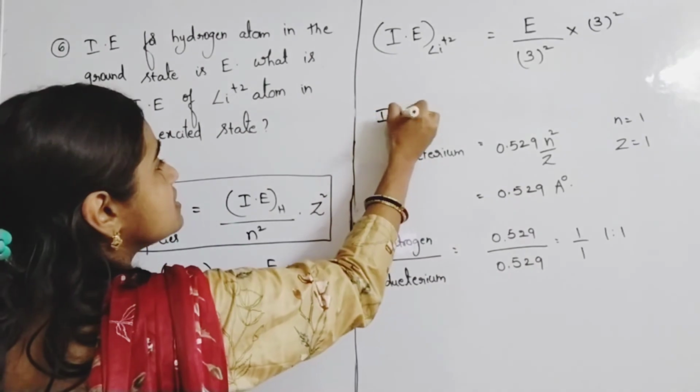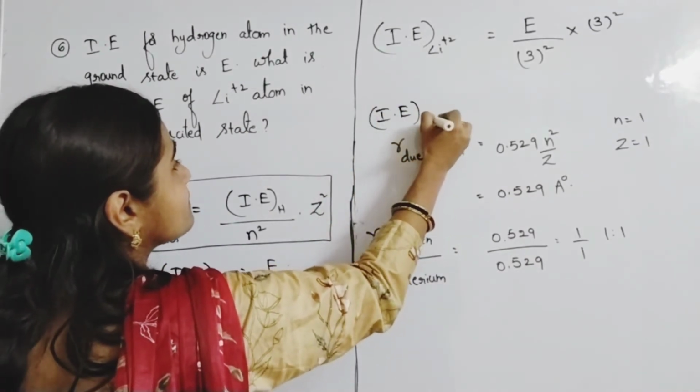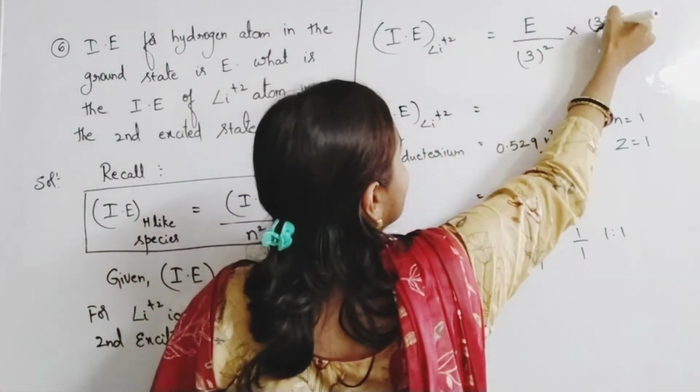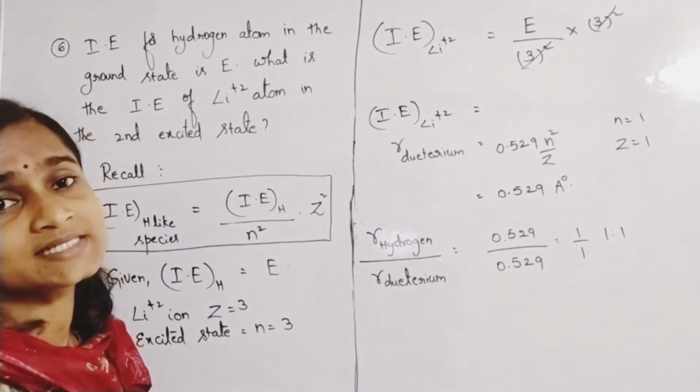So the ionization energy of lithium plus 2 ion in its second excited state: here 3 square, 9, gets cancelled.